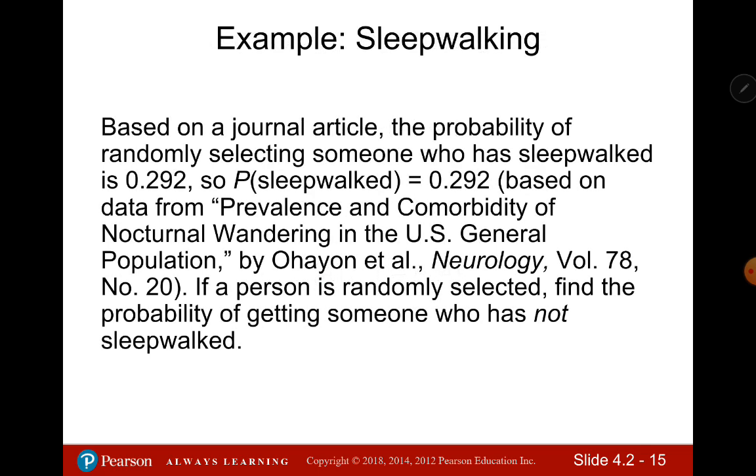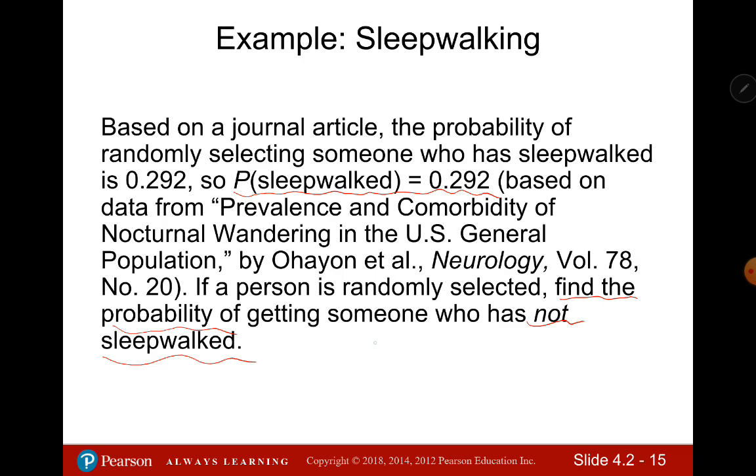Let's check the sleepwalking example. So this time we want to find the probability of not sleepwalked. But from the background, we already have one probability: the probability of sleepwalked. And we find not sleepwalked is the complementary event of sleepwalked.